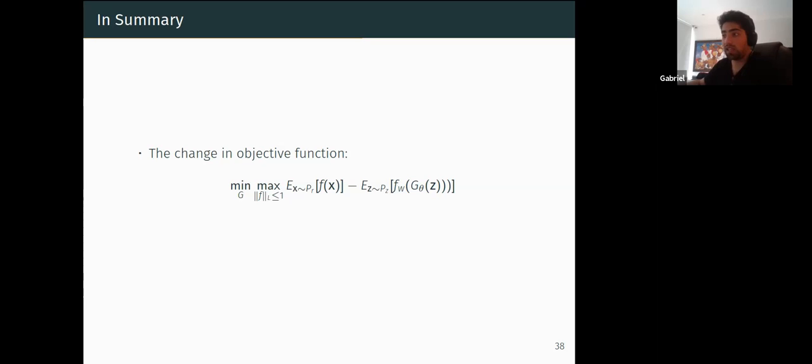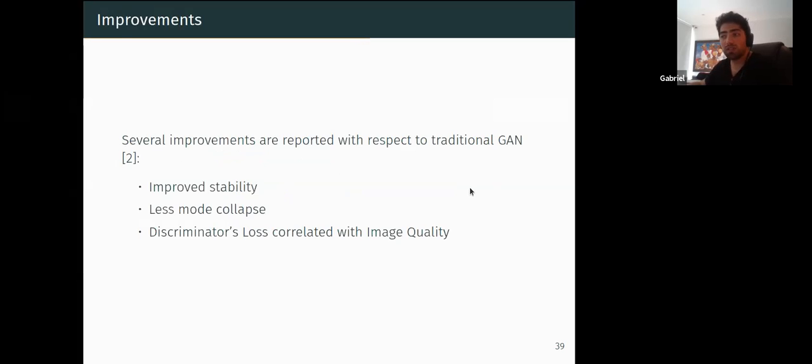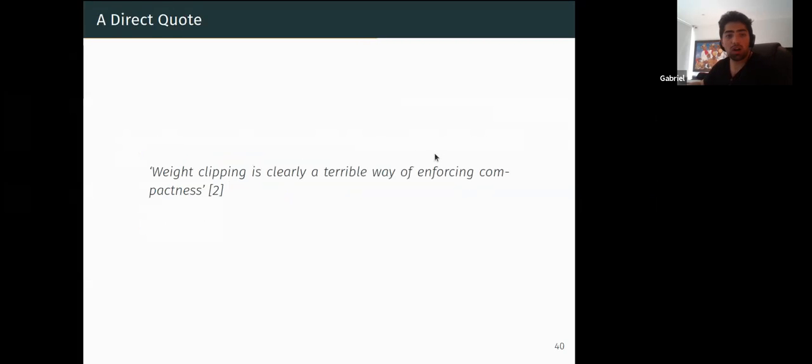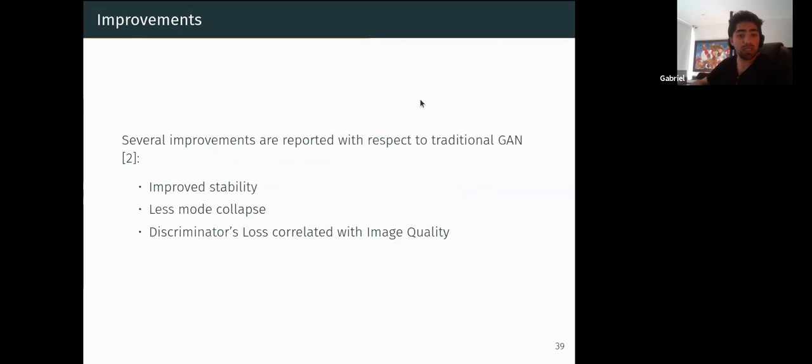In fact, besides the clipping determined by the hyperparameter C, people report several improvements: improved stability, we lessen the mode collapse, and now the discriminator's loss is actually correlated with image quality.